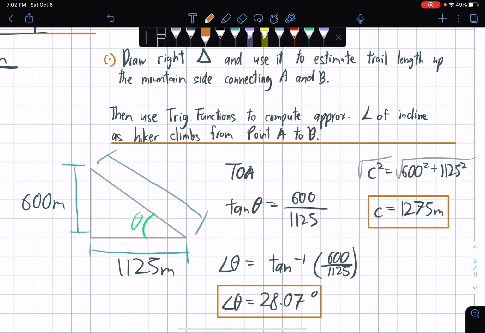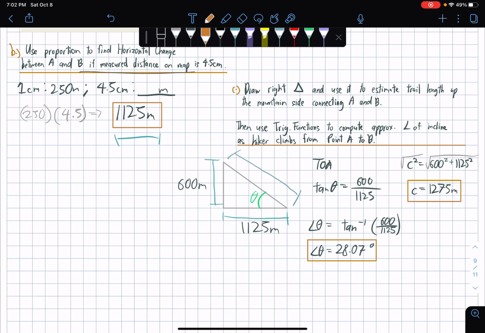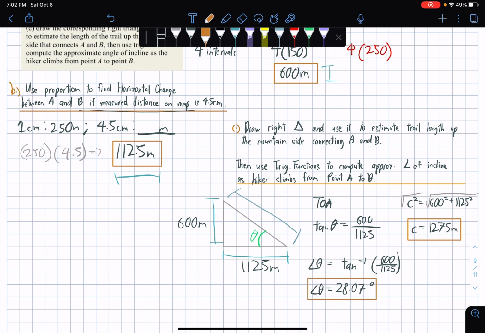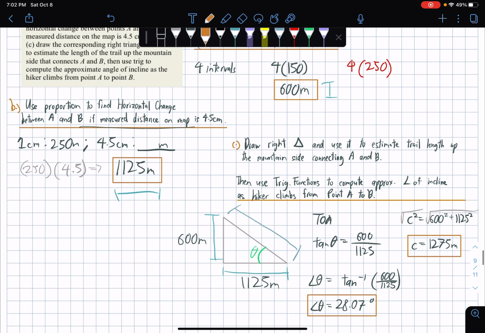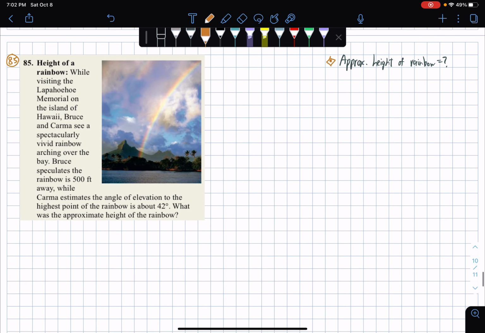That's the answer, that's the hypotenuse. Right, let's move on to the last question.